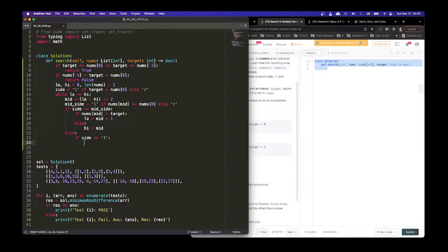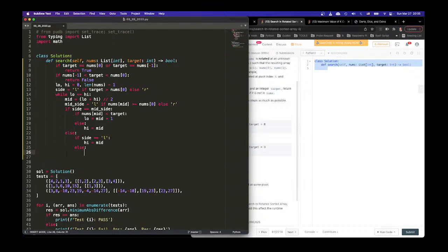So the actual side is L, and the new side is actually on the right. So we need to say high is equal to mid, right? Else, if side is on the right hand side, then low shall equal to mid plus 1.